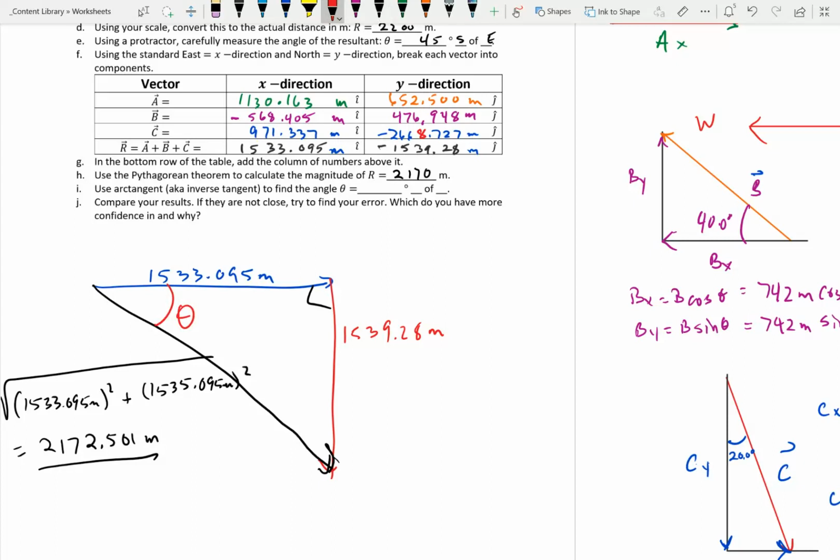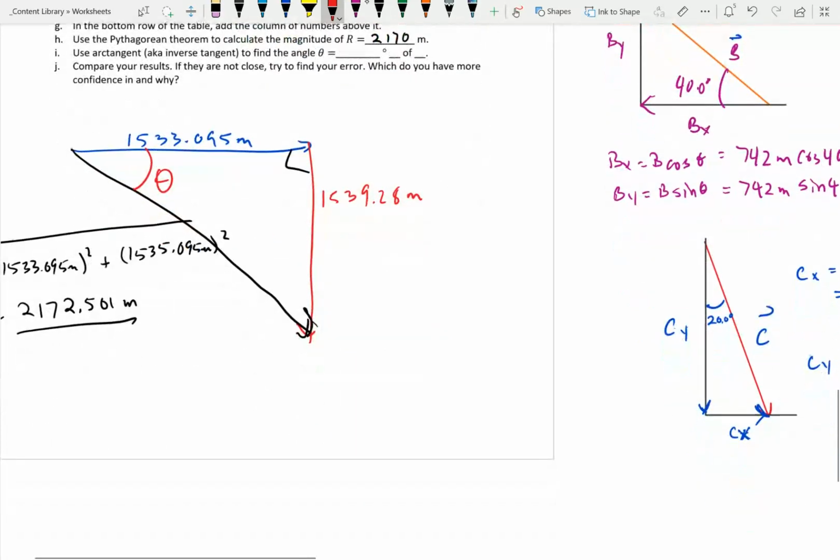And then for my angle, to avoid using an additional calculated value, I'm going to use tangent, so it relates the two numbers that I got directly before I used the Pythagorean theorem. So I have tangent of theta is equal to the opposite, 1539.28 meters, over the adjacent, 1533.095 meters.